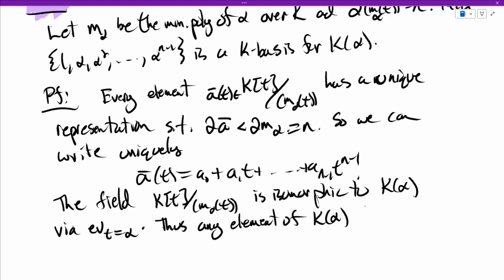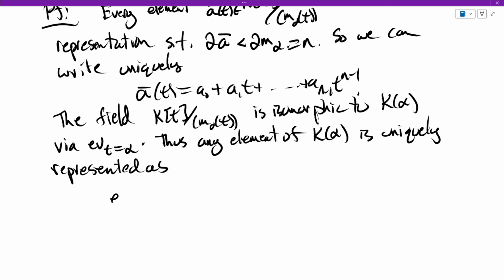So any element of k adjoin alpha is uniquely represented as, well, I just evaluate a general term on the left, right? And if we evaluate on the right, the function plugs in alpha. So we're going to take this and we're going to plug in alpha everywhere.